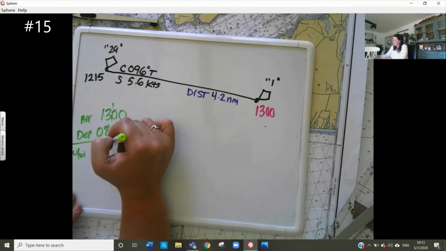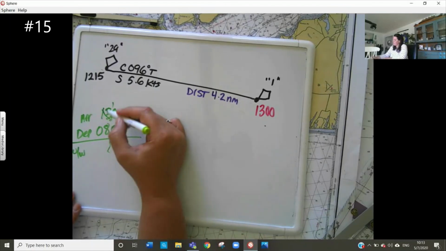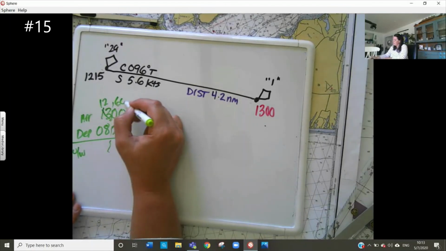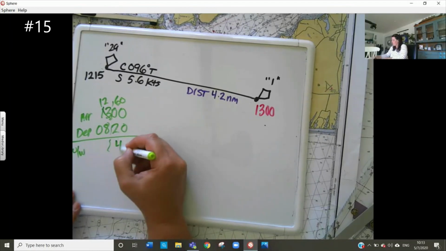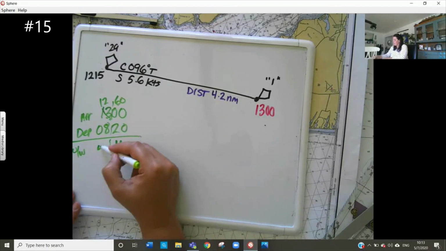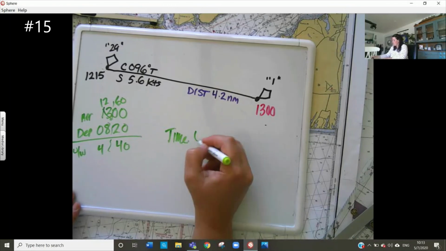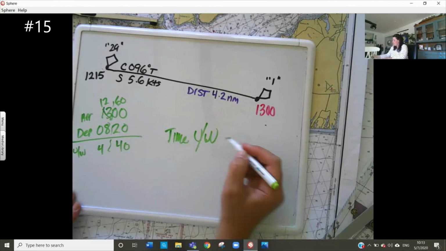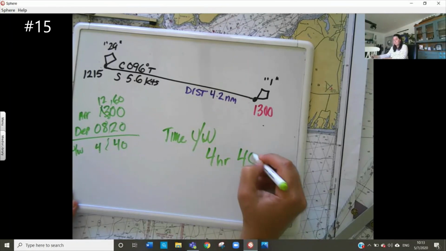So we start with the minutes. We can't do 0 from 20, so we borrow. 60 minus 20 gives us 40, and then 12 minus 8 gives us 4. So our time underway was 4 hours and 40 minutes.